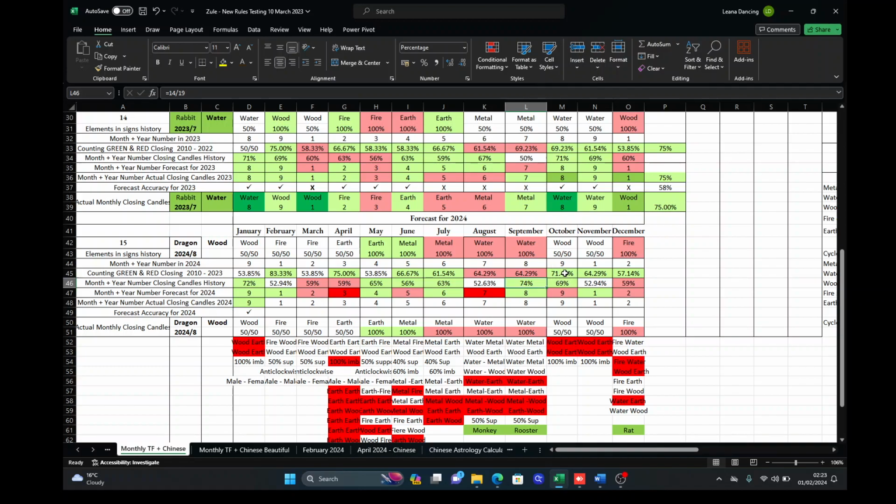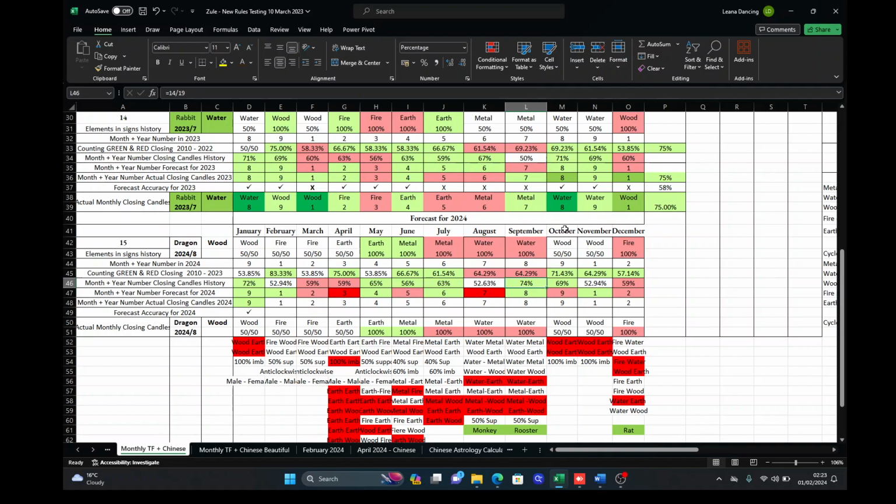October, the numerology is green, but I've given it a red color because of the bad combination of elements. October is male wood, young wood. It's the month of the dog, and the dog is earth.